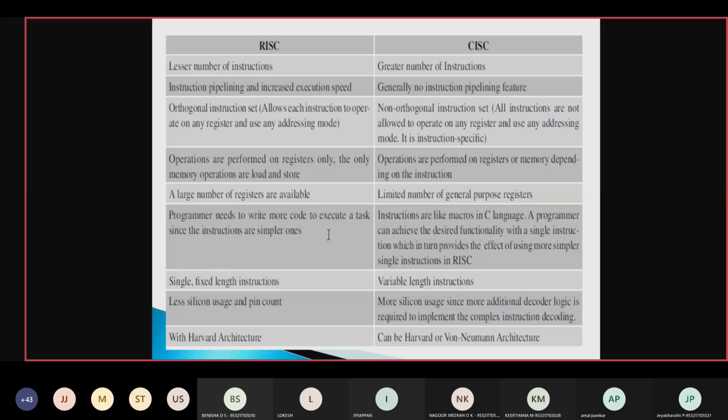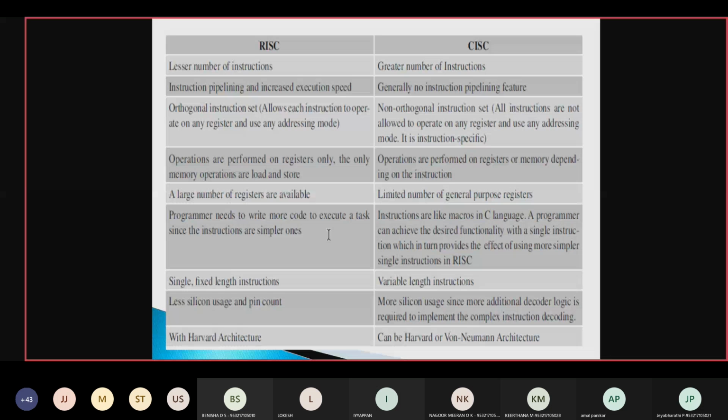The 8051 microcontroller has only 20 registers. So there's a difference between RISC and CISC.